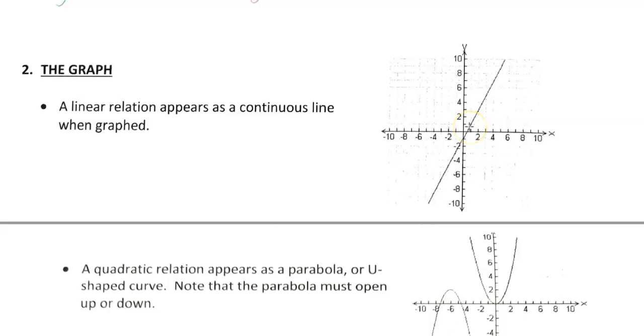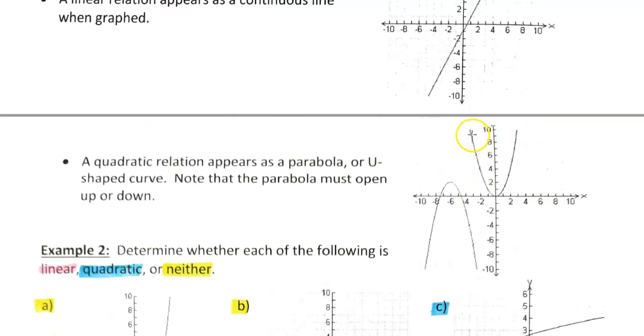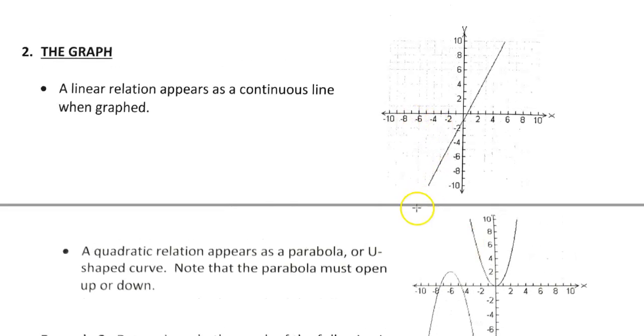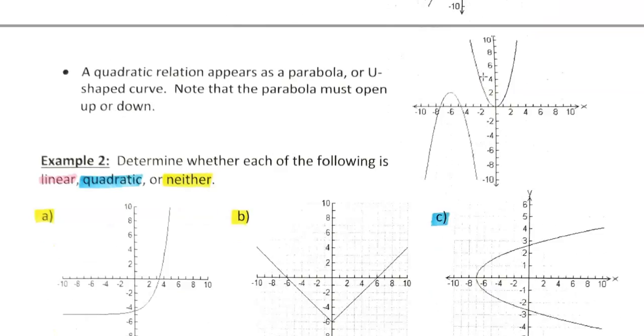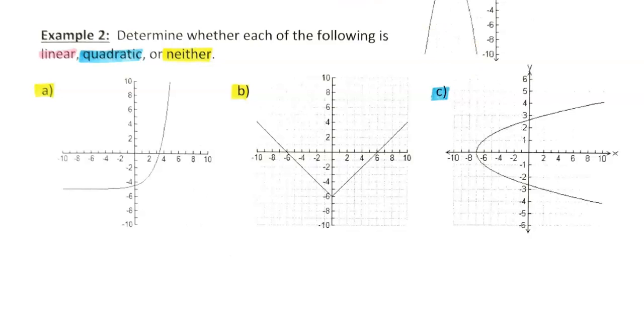If it's a straight line, it's a linear. If it's U-shaped, either happy face or frowny face, it is a quadratic. Okay, now I must preface that this linear has to be straight, like from one end to the other end continuously.